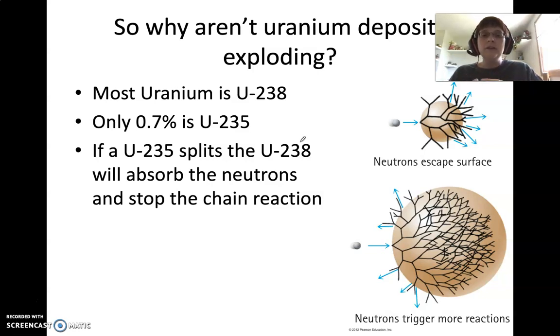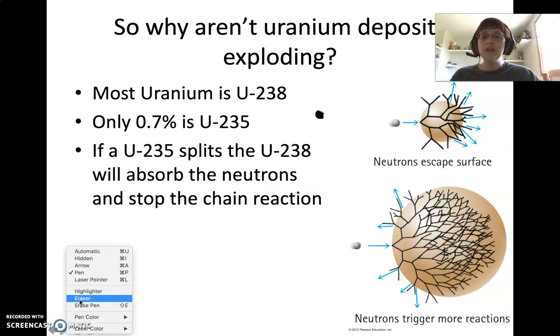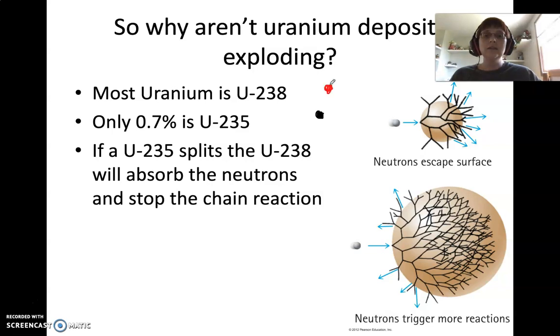However, if there is a 235 nucleus that undergoes fission and splits, those neutrons will just be absorbed by uranium-238 and it'll stop the chain reaction, right? So imagine we have our little 235 here, and let me change the color. So that's 235. These all around it would be 238.